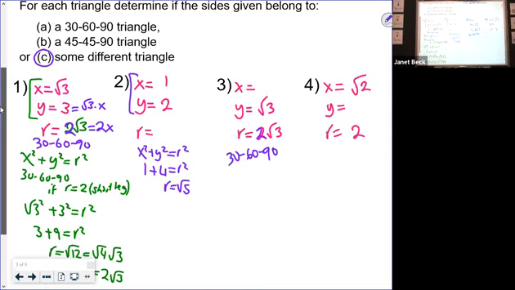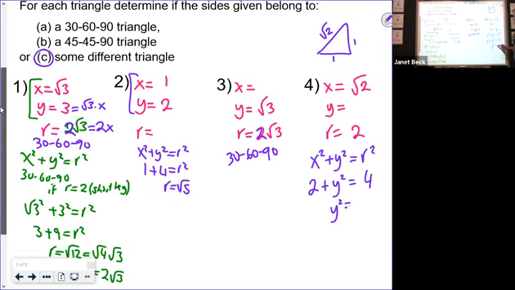And on this one, I see the square root of 2 on a 45, 45, 90, but it's normally the R. When the R is 2, that's normally a 30, 60, 90, but I don't get a square root of 2 on a 30, 60, 90. So let's do x squared plus y squared equals r squared and see what we get. The square root of 2 squared is 2, plus y squared equals 2 squared, which is 4.